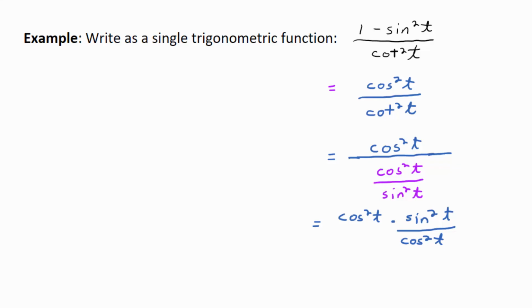As long as the operation is multiplication, if this were a plus sign, this wouldn't work. As long as the operation up here is multiplication, and down here, as long as it's either a single function or factors, multiplication is the operation, it's okay to do what? Divide it out. Cosine squared divided by cosine squared makes 1. So this is the best we can do. We have a single function squared. Sine squared t is our answer.